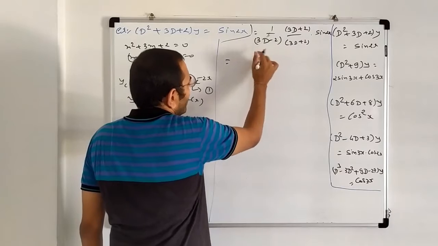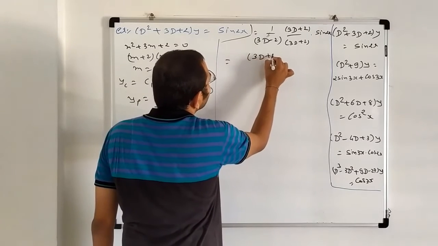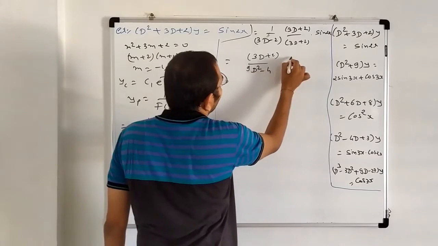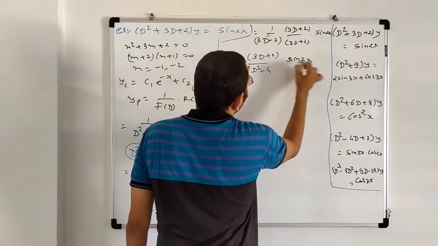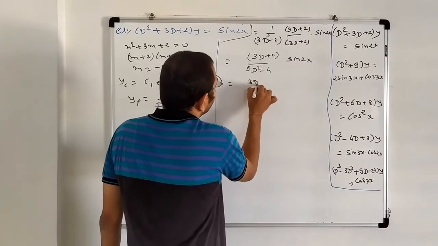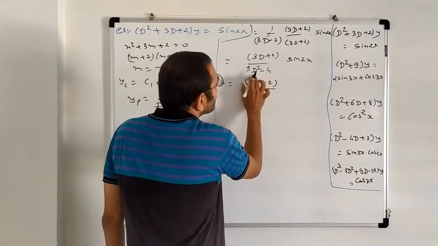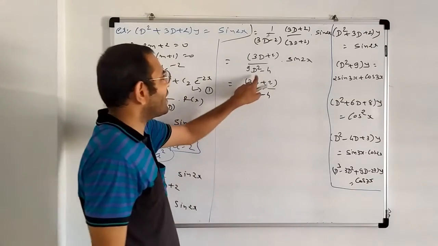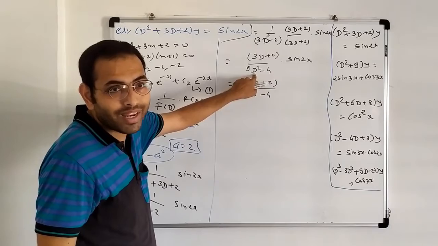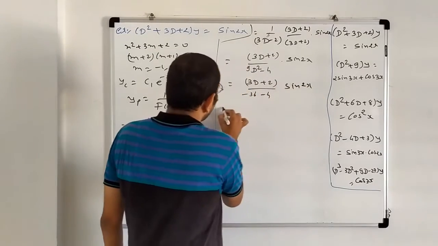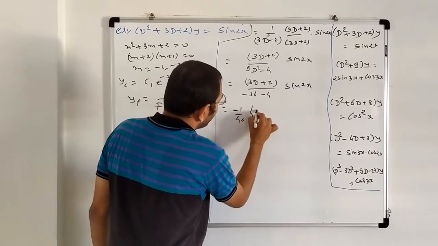That is called the conjugate. With a plus b and a minus b, it becomes 9D square minus 4. For sin 2x, again we replace D square equal to minus a square. Then 9 times minus 4 is minus 36, minus 4, which becomes minus 40. So it becomes minus 1 by 40.